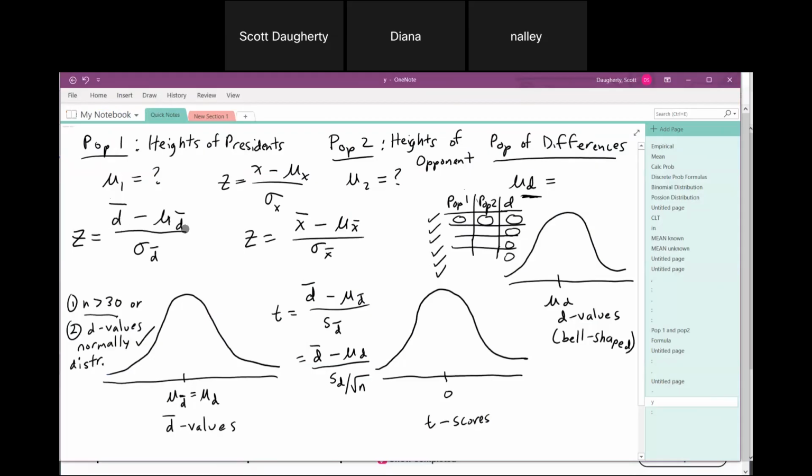D bar minus the mean of the d bar values over the standard deviation of the d bar values. And if you remember from the central limit theorem, we knew that the standard deviation of the x bar values was the standard deviation of the x values divided by the square root of n. And that's exactly what happens here.